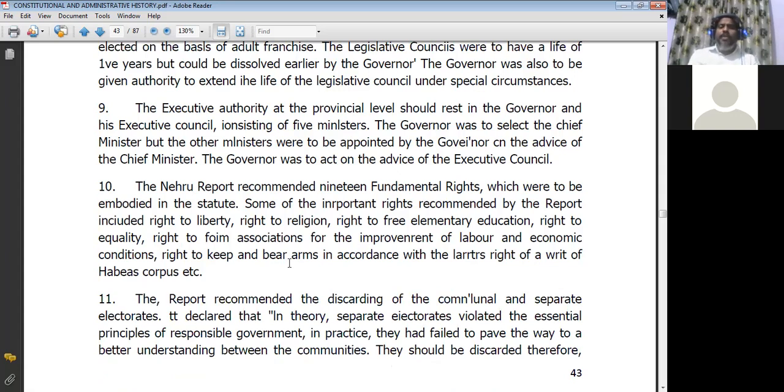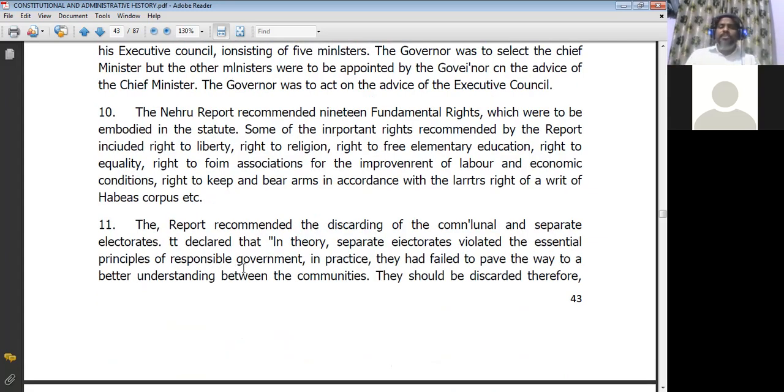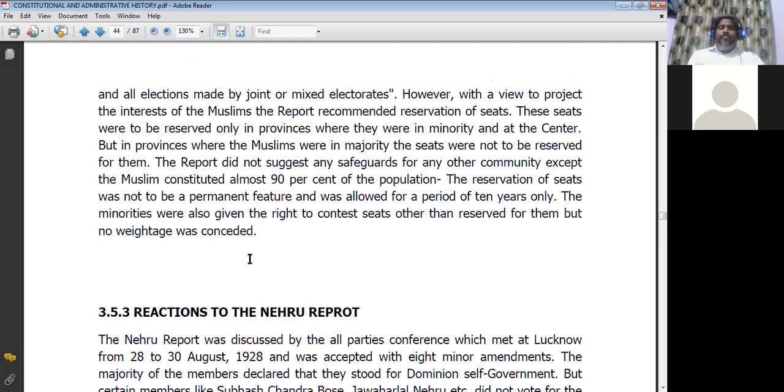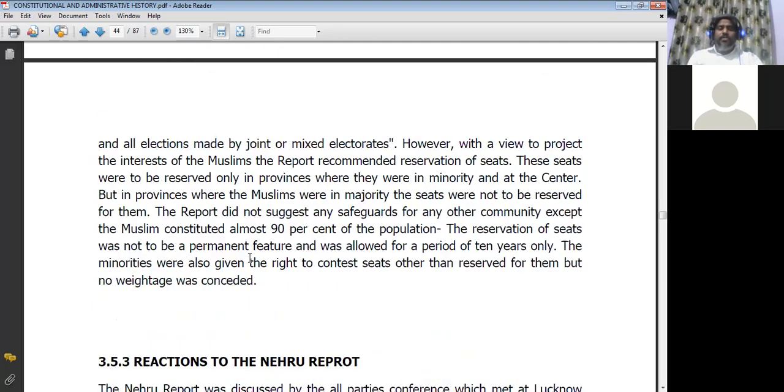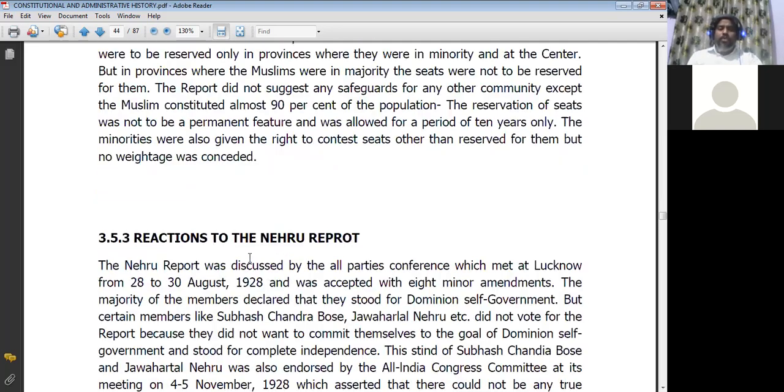Some of the rights recommended by the report included the right to liberty, right to religion, right to free elementary education, right to equality, right to form associations, likewise. And the report also recommended the discarding of communal and separate electorates.